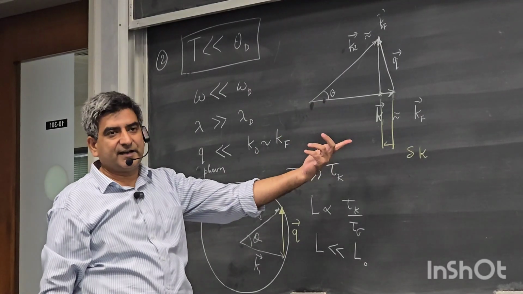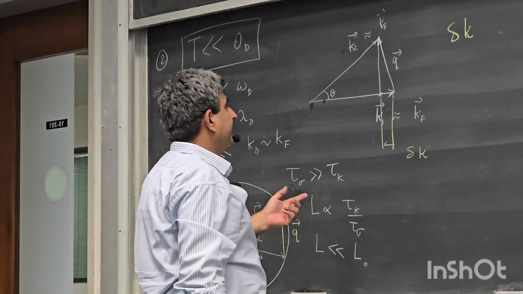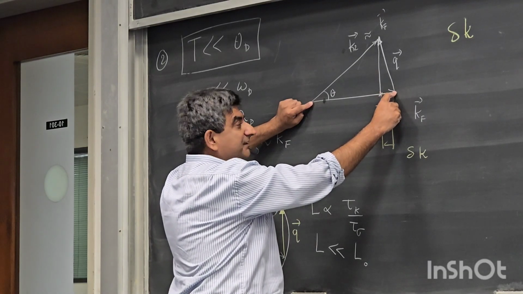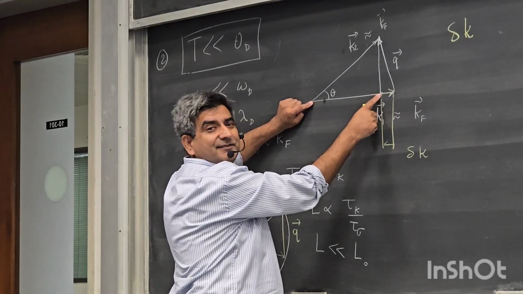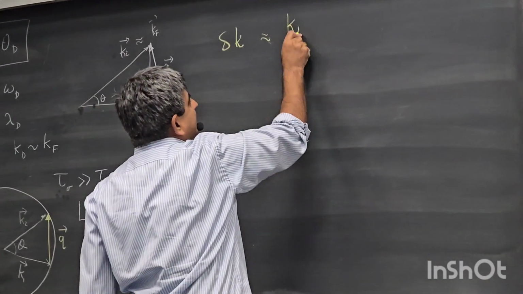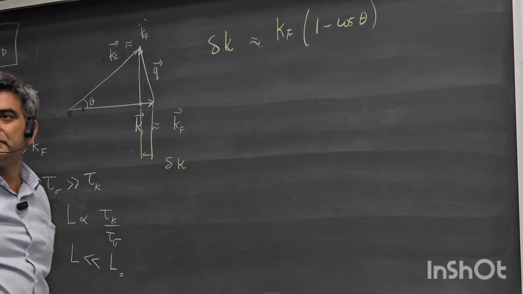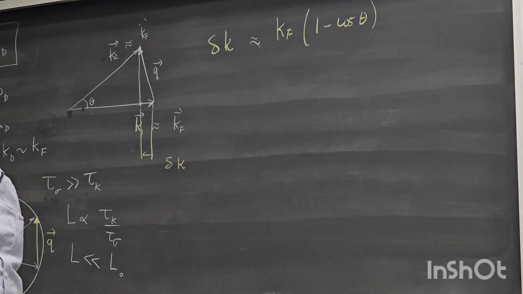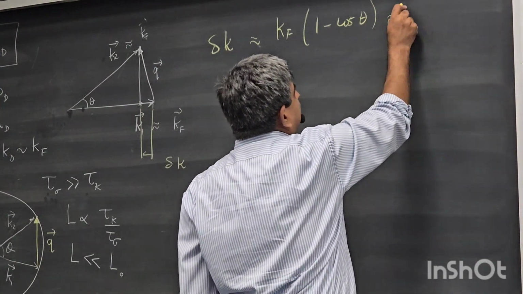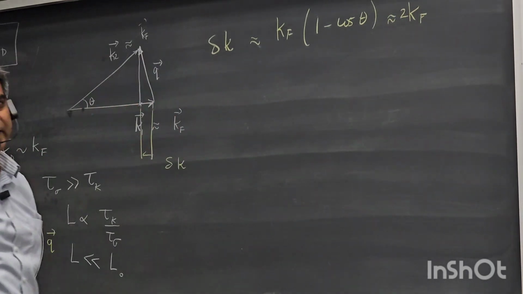So how much is this delta k? If you look at the geometry, it is simply this length, which is kf, minus this length, which is kf cosine theta. So this is kf times 1 minus cosine theta, isn't it? Now this 1 minus cosine theta is 2 sine square theta over 2.